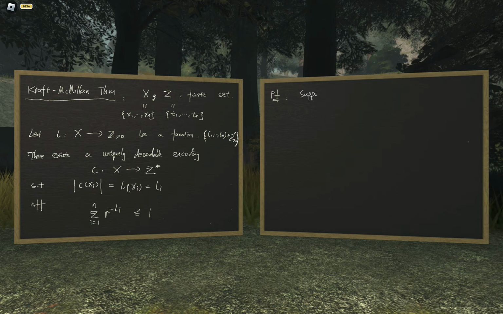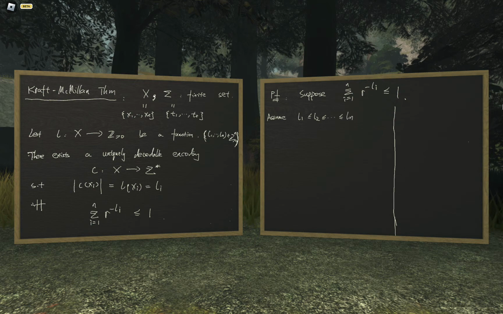So suppose we have this. Now let's proceed with the proof. I will write the general argument on the left-hand side, and we will do an example simultaneously on the right-hand side. We can also assume we reorder this tuple, so we can assume L1 is less than or equal to L2, up to Ln.